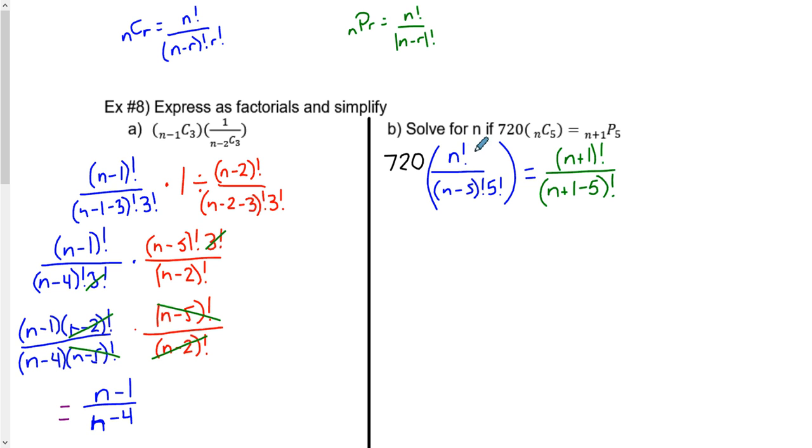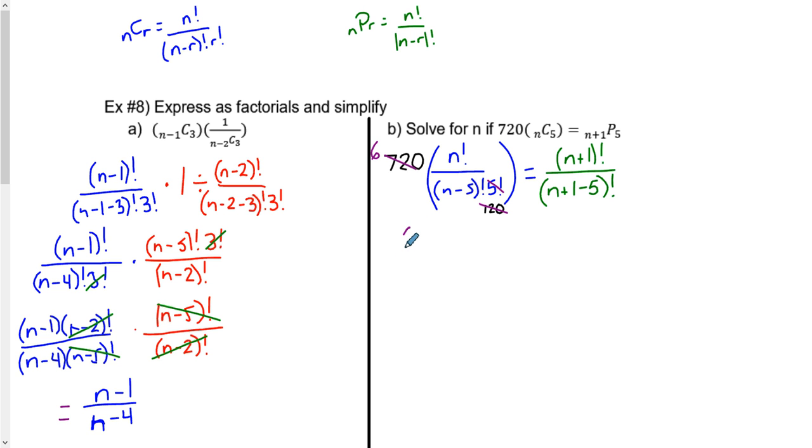So let's see what we got. FYI, 5 factorial. If you type that in your calculator, it should be 120 if I remember correctly. It also means that we can reduce it with that 720, because 120 goes into 720 6 full times. So that 5 factorial is gone.